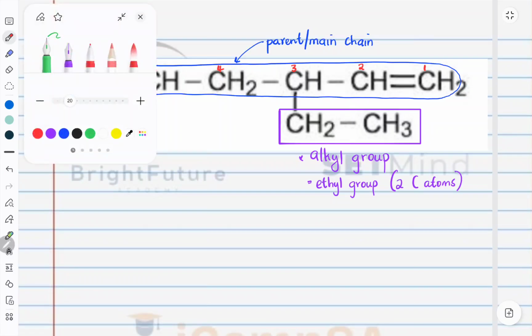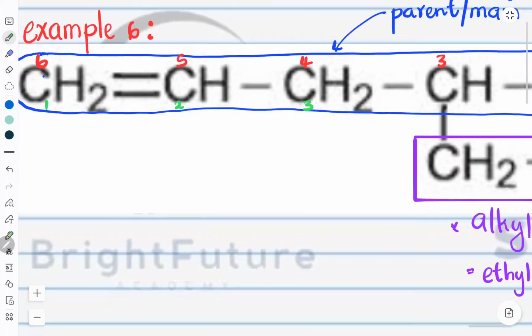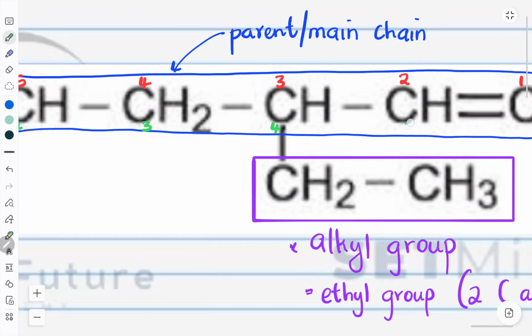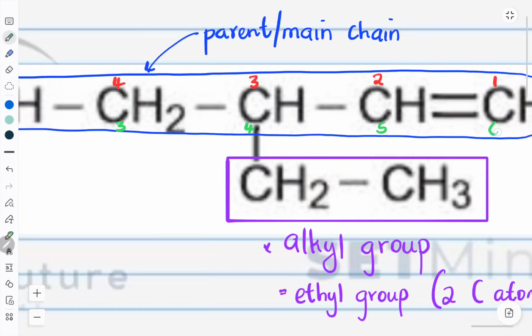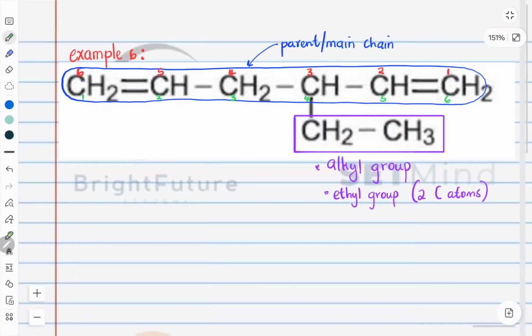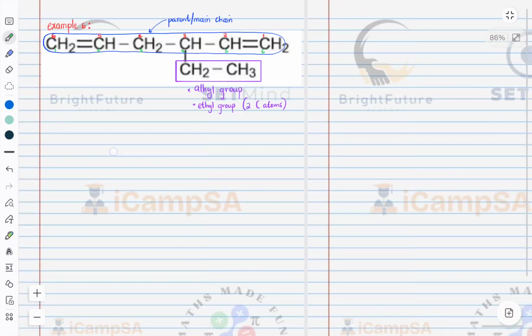Now let's check if we count from left to right. We have 1, 2, 3, 4, 5, 6. So it makes no difference. In this case, you can count from any direction.